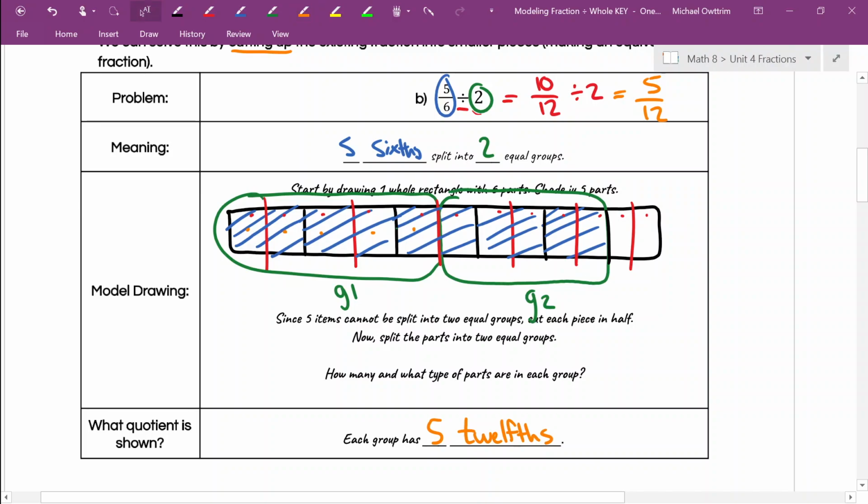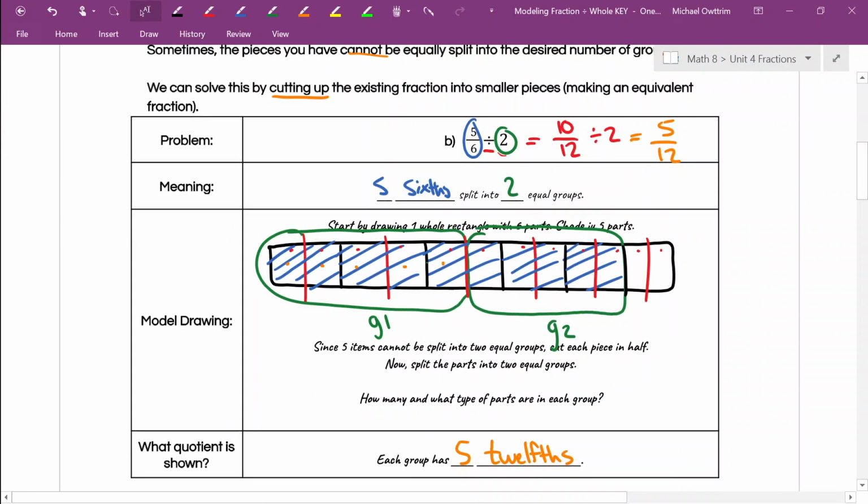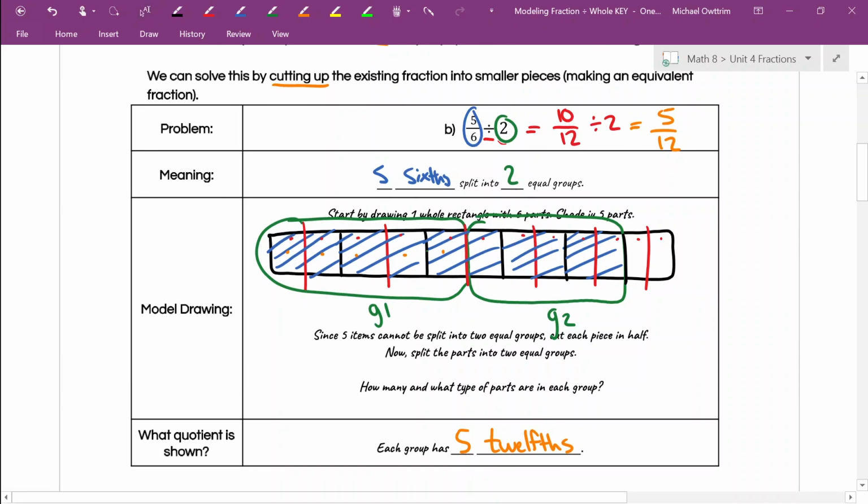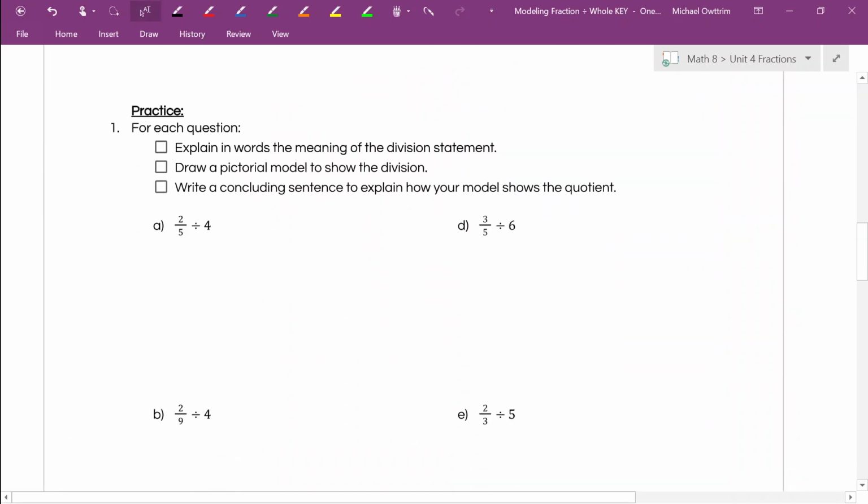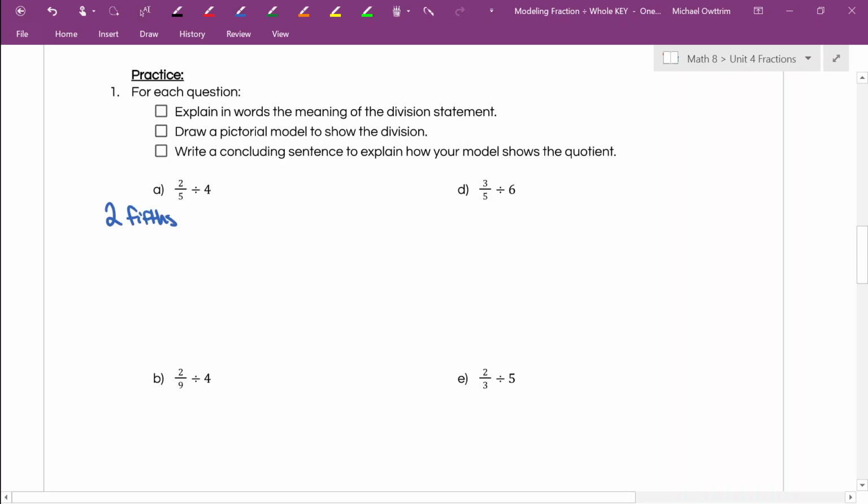So we have there our approach for dividing a fraction by a whole. The whole is going to be your number of equal groups, but you might need to cut up the pieces that you already have in your fraction so that you have enough pieces that can actually divide evenly into those groups. Let's take a look at our practice on the back. In question A, we're going to have 2/5 as our starting amount.